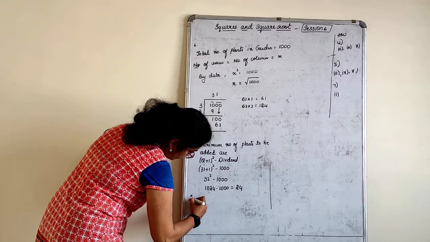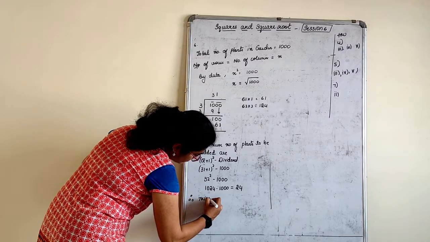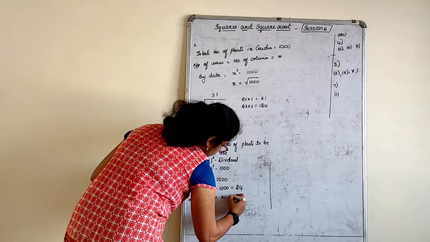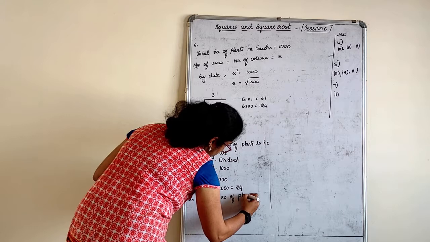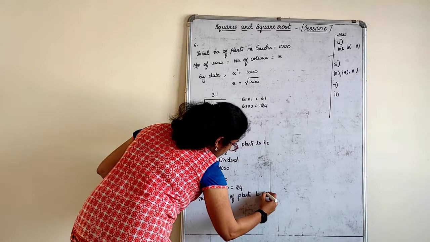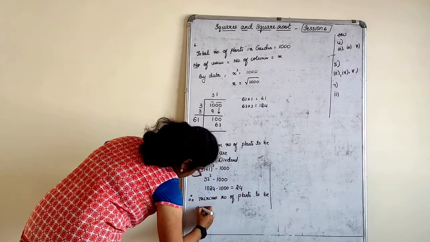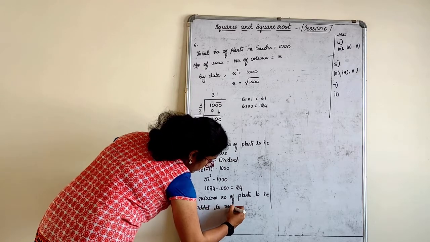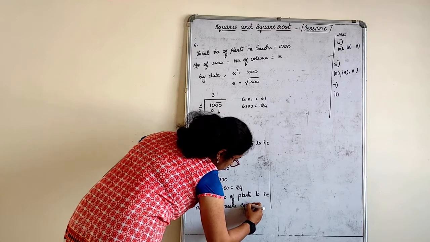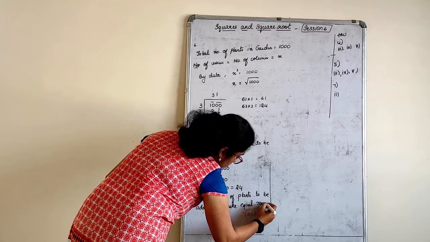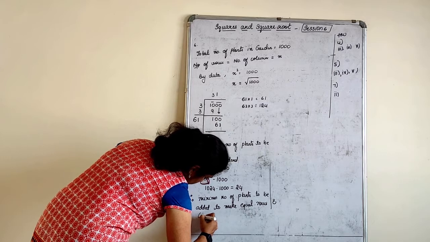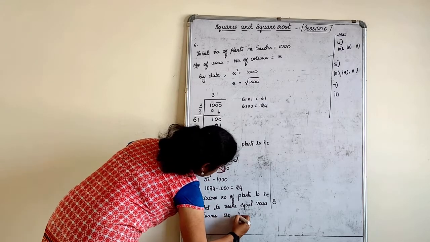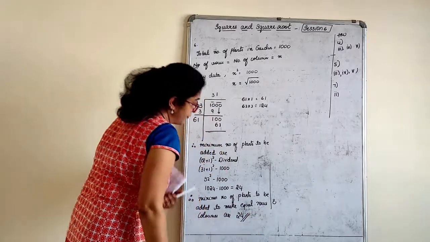Therefore, minimum number of plants to be added to make equal rows and columns are 24.